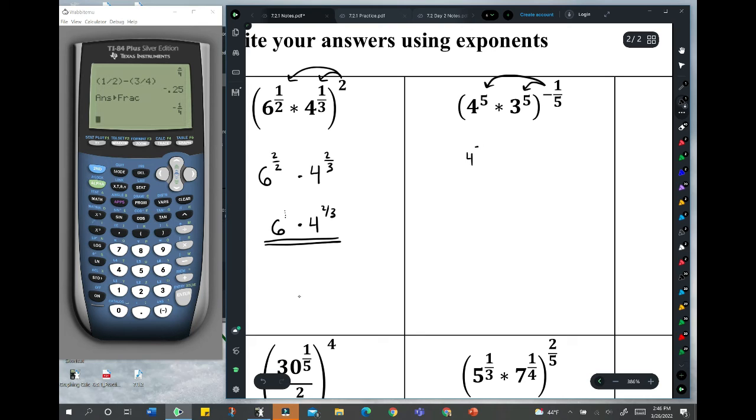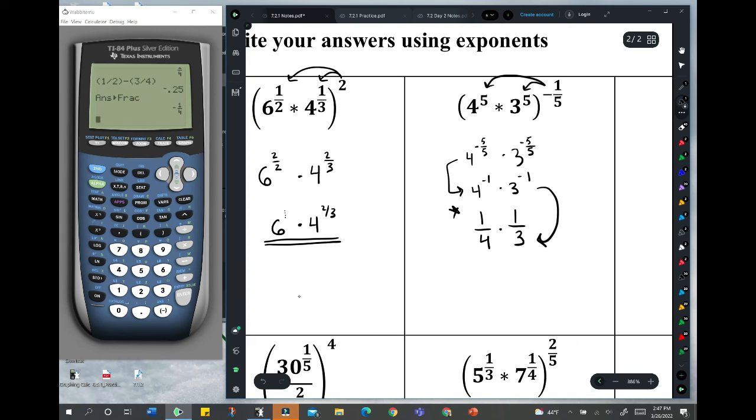5 times negative 1/5 is going to be negative 5 over 5, times 3 to the negative 5 over 5. Now, what that really means is 4 to the negative 1 times 3 to the negative 1. And negative exponents, you need to kick down to the bottom of a fraction. So 1 over 4 times 1 over 3.